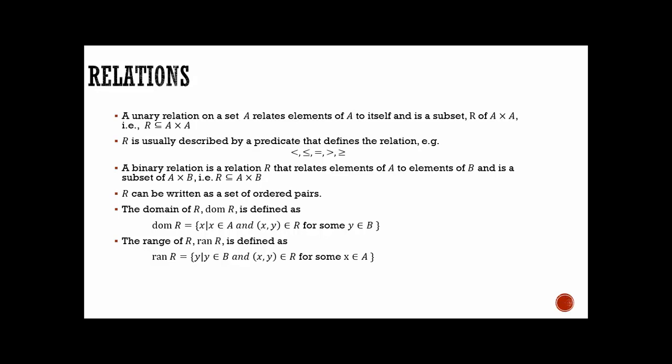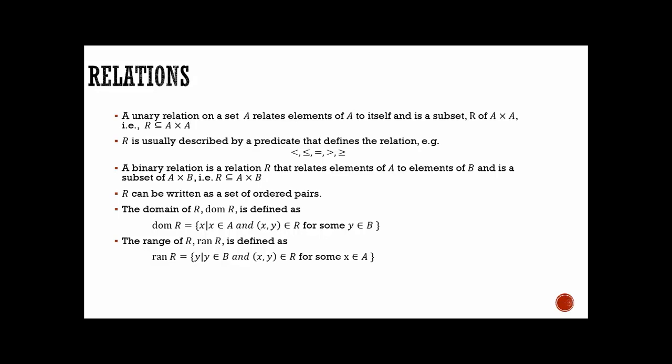These relations, or R, are usually described by a predicate that defines the relation in terms of these symbols: less than or equal to, less than, equal to, greater than, or greater than or equal to. A binary relation is a relation R that relates elements of A to elements of B and is a subset of the Cartesian product A cross B.